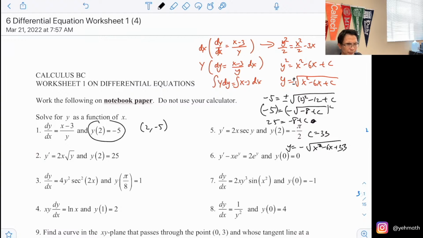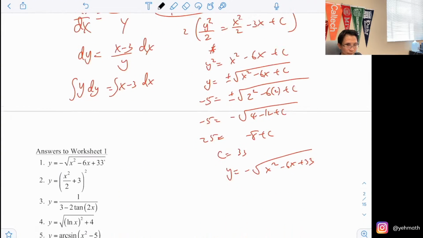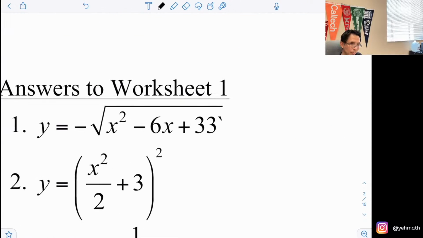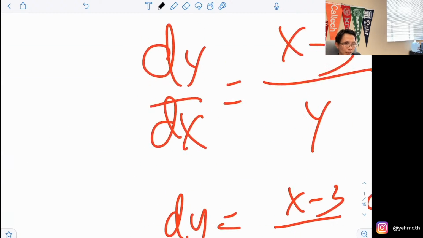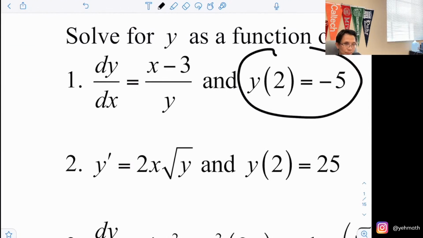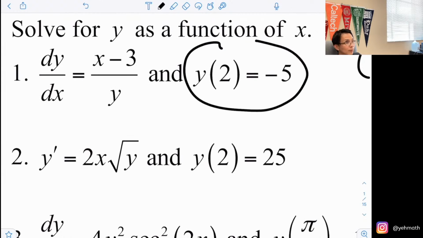If you did it correctly, you'll probably get an answer like this one. Number 2. Anybody got that? The question is like this, number 2. Is y prime equal to 2x square root y?